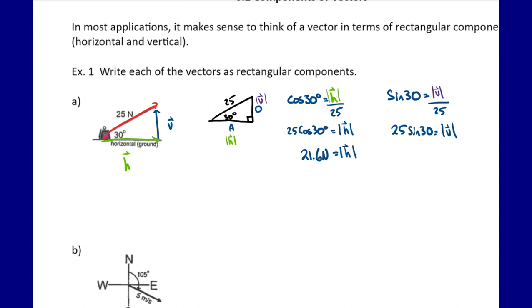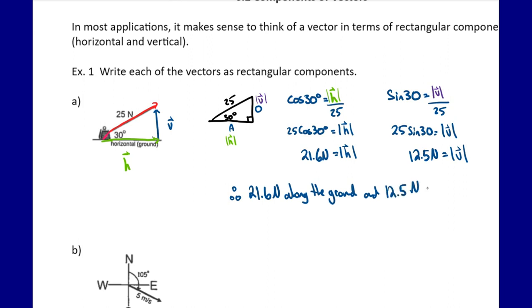And we get that the vertical component is 12.5, and the units will be newtons. So therefore, now we have our two rectangular components. We would say this vector could be written as 21.6 newtons along the ground and 12.5 newtons up.